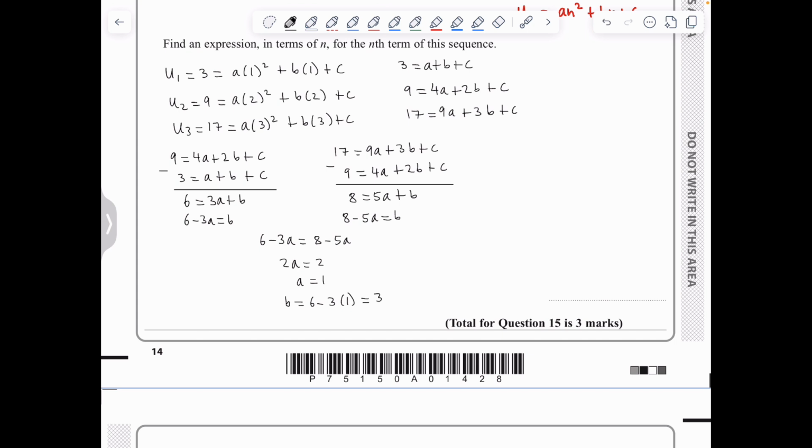And we also have that 3 is a plus b plus c, so 3 is a, which is 1, plus b, which is 3, plus c, leading to 3 is equal to 4 plus c, and therefore c is negative 1. And therefore we conclude that un is an squared, so 1n squared, plus bn, so plus 3n, plus c, so minus 1, so n squared plus 3n minus 1.